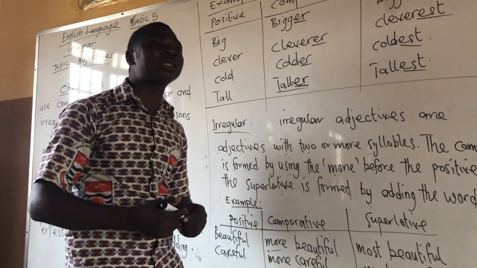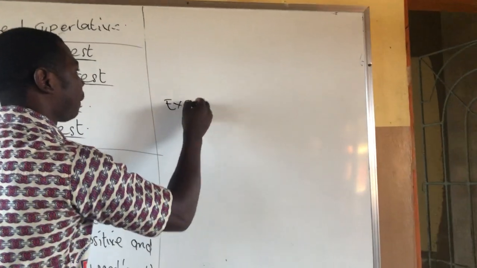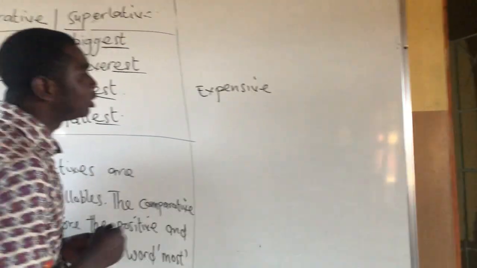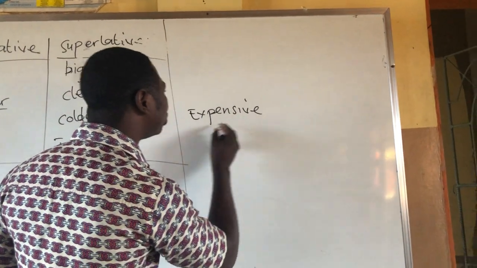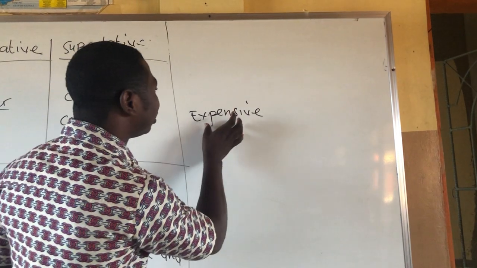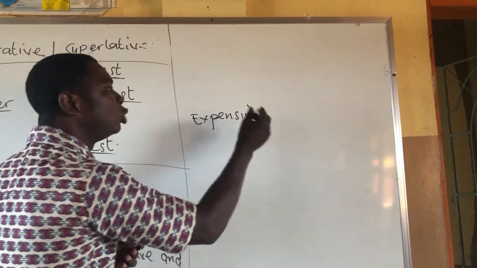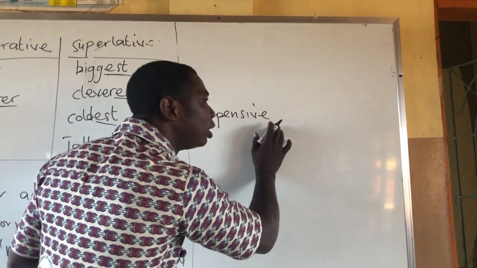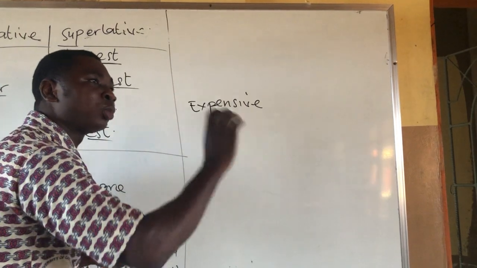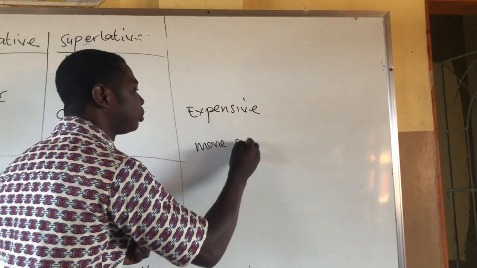So when you have the word, let's say expensive. You see this one you can divide into 2. So expensive, I can say expen-sive. So since you can break it into different syllables, you will not add er or est to form the comparative or the superlative, but rather more expensive.